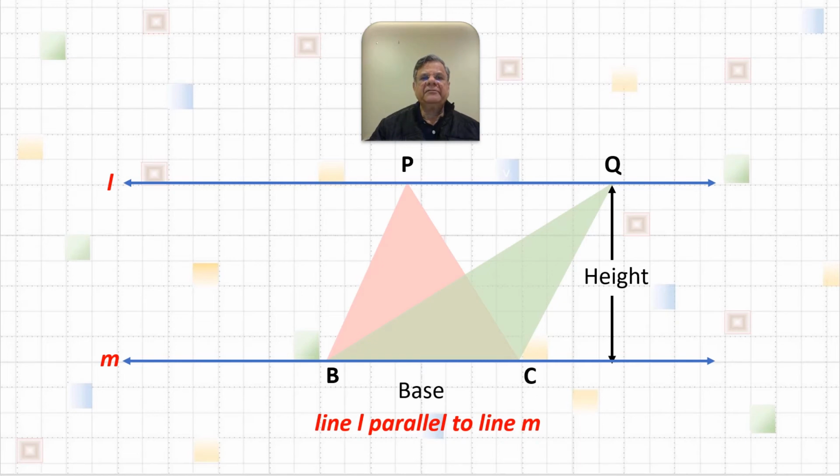As distance between parallel lines is constant, triangles PBC and QBC have same height. And therefore, area of triangle PBC equal to area of triangle QBC. Triangles with equal bases and equal heights have same area.